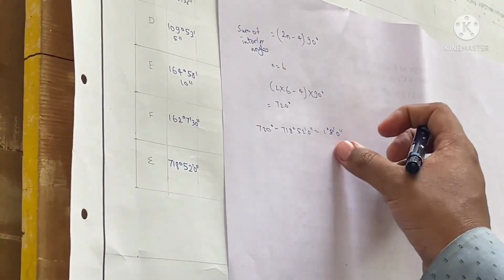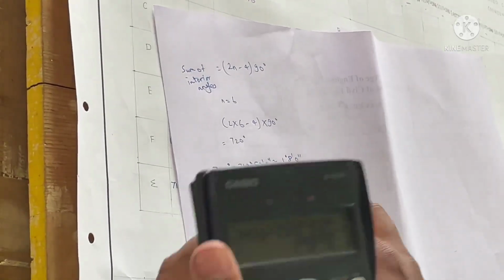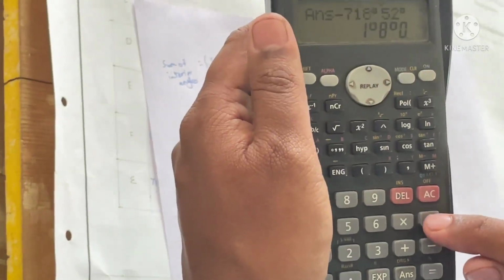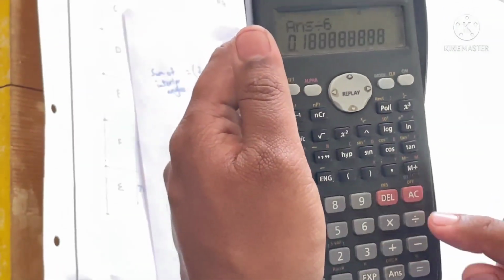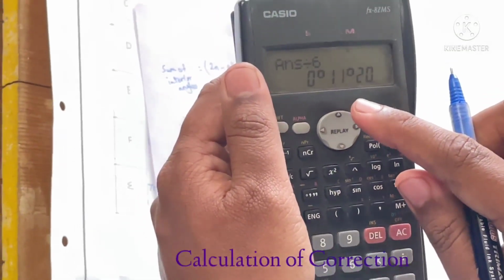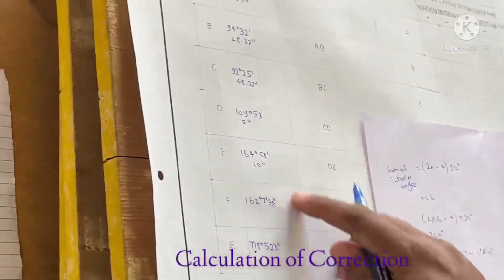This is the total correction of the traverse. Now we divide this 1 degree 8 minutes among 6 sides, divided by 6, and write it in the correction column: 0 degrees 11 minutes 20 seconds.